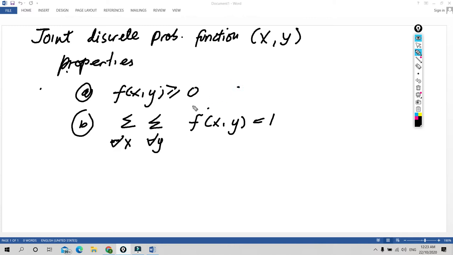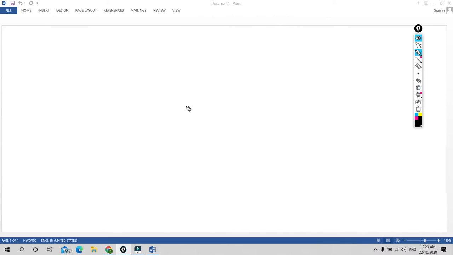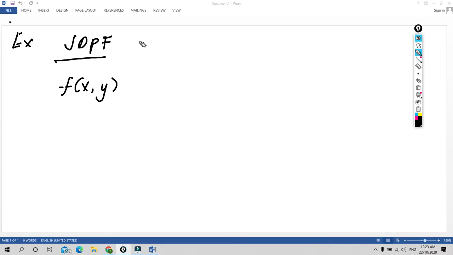So let's say we have one example here. Given a joint discrete probability function, f(x,y). Joint means you have two variables x and y.